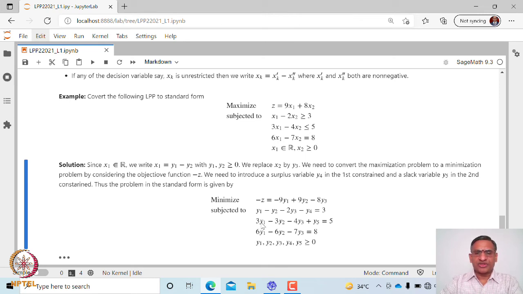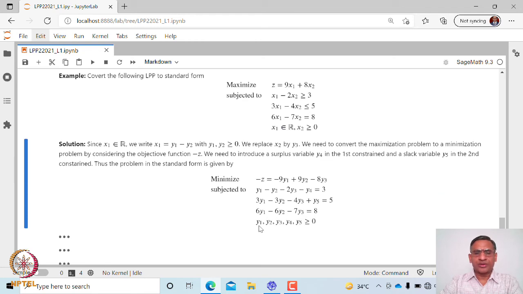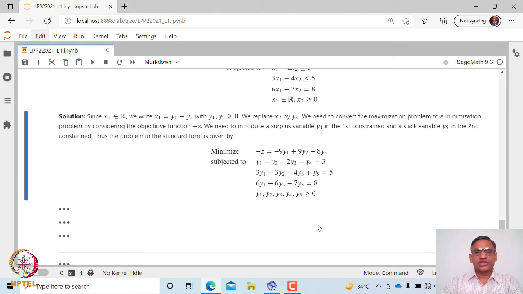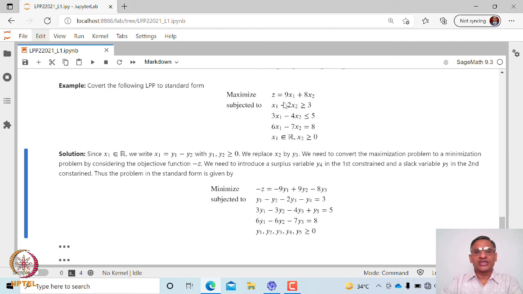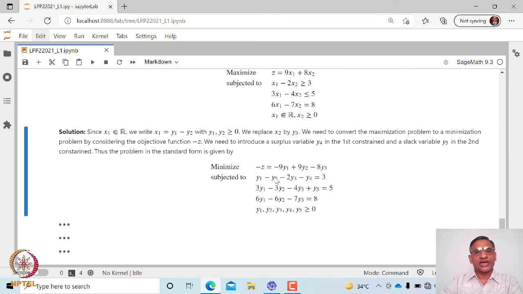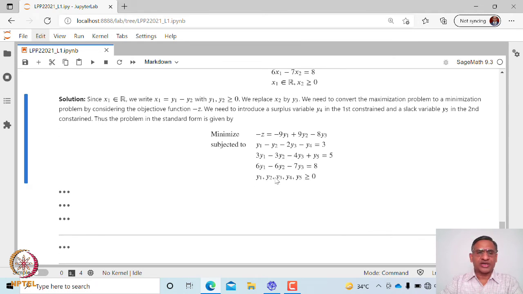It will be simply 6y1 minus 6y2 minus 7y3 is equal to 8, and here now you have y1, y2, y3, y4, y5 all non-negative. Okay, so this is how we have converted this linear programming problem into standard form. Like this, any linear programming problem can be converted into standard form.